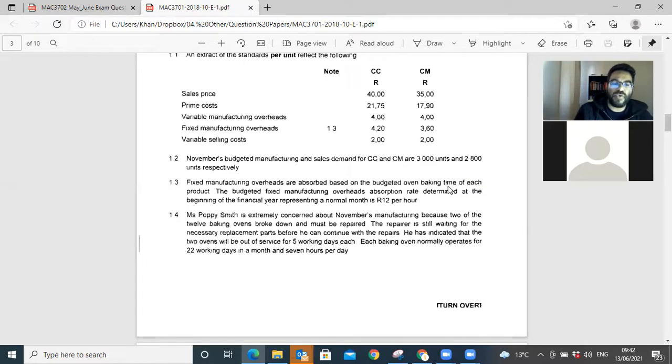So basically, there are 12 ovens. 10 ovens will operate for 22 days at 7 hours per day, and then 2 of the ovens will operate for 22 less 5 days times 7 hours per day. Okay, so that will give you the total baking capacity, and then we will be able to work out from there.